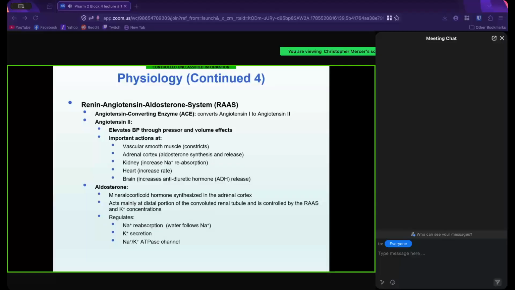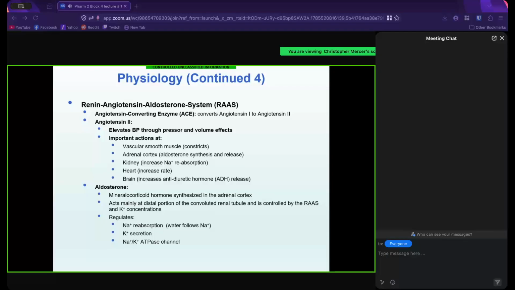Just at the bottom of the slide there is a little jog about aldosterone, right? The distal convoluted tubules, what does it do? It increases sodium reabsorption into the blood, and it increases potassium excretion. But remember, especially as we get into diuretics, what does water do with sodium? Follows it. So keep in mind that the water is going to always follow the sodium.